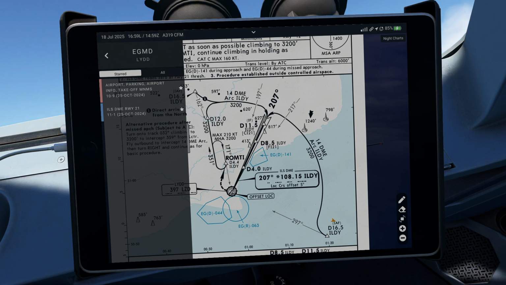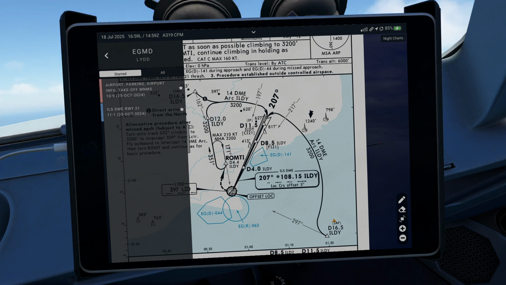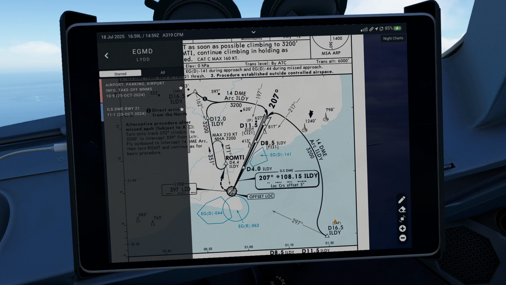The same ILS frequency could be used on a back course, localizer only, or shared between ends of a runway in some cases. This requires pilot attention to chart details and identifiers.